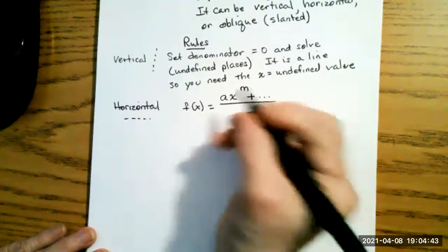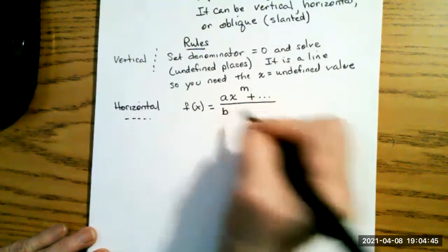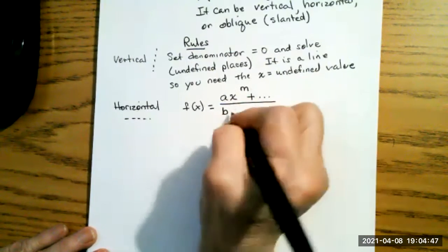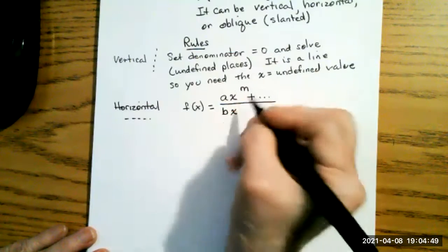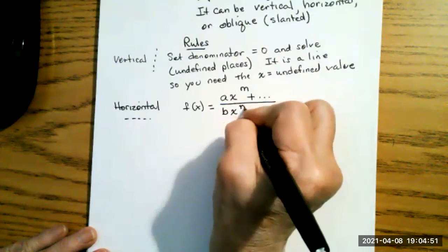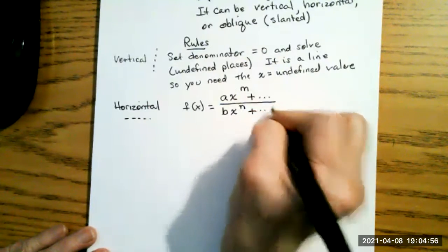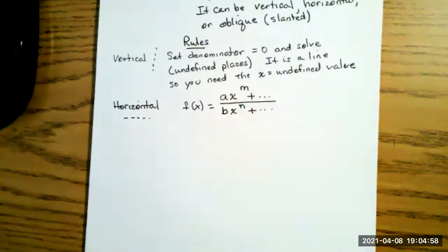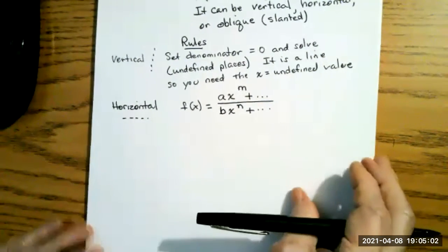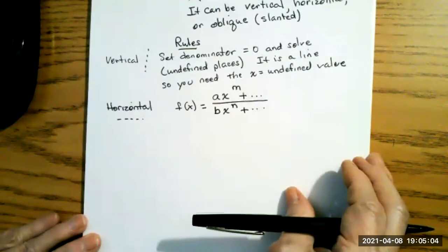In the bottom, you're going to have some coefficient, I'm going to call it b, a variable x, and some exponent n down here, plus many other things. Okay? So there's 3 rules to this.